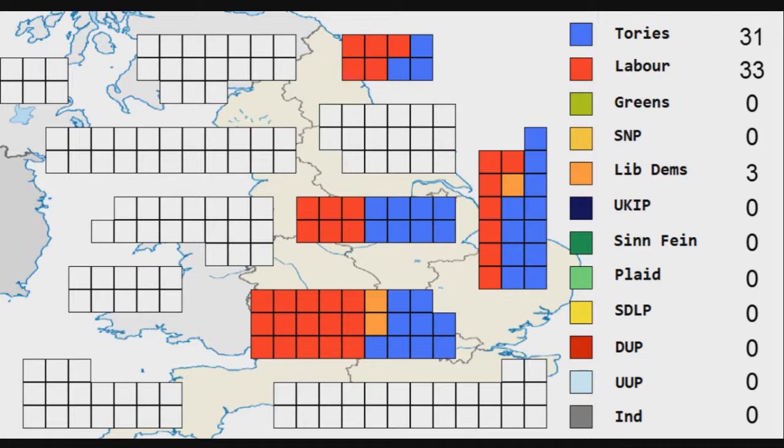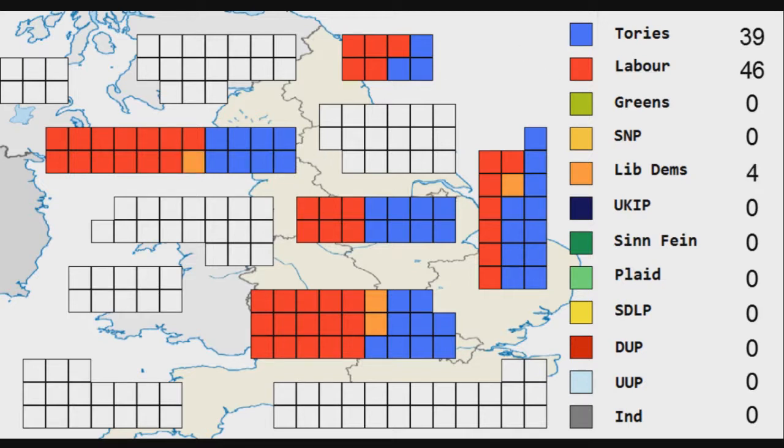Another quite a big seat. Labour will get 13. 4, 5, 6, 7, 8, 9, 10, 11, 12, 13. The Tories will get 7. Oh wait, I'm doing the mathematics wrong, haven't I? Sorry, the Tories will get 8, and then Lib Dems get 1. I'll put that there, and then I'll put that there.